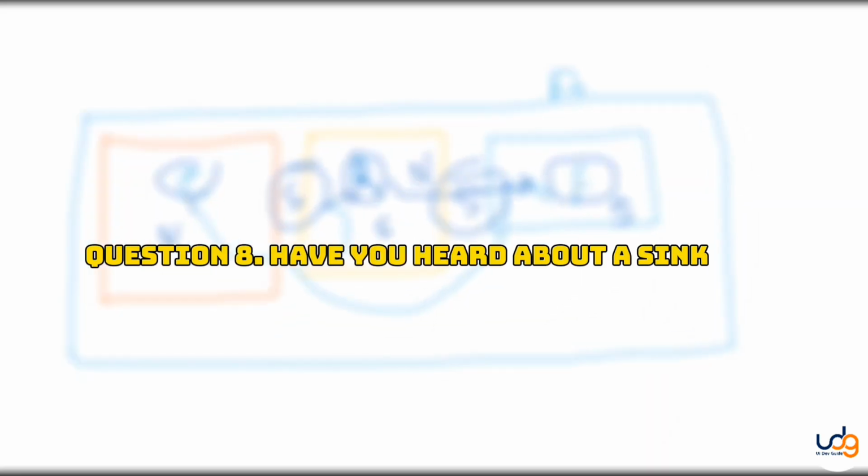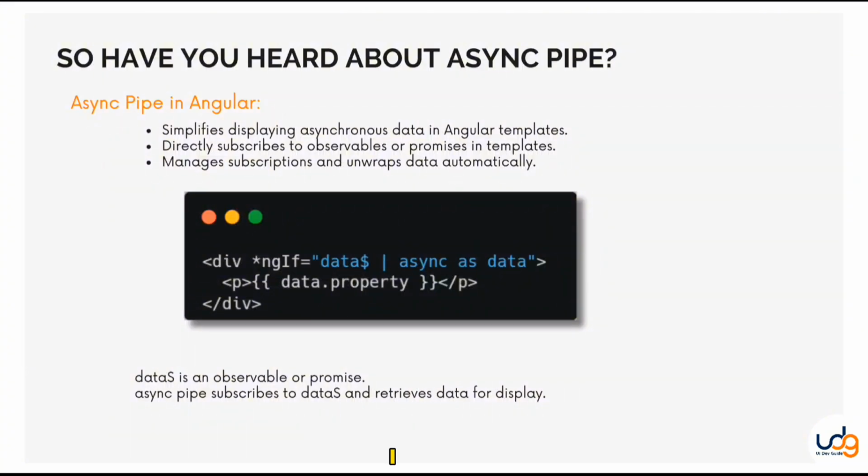Have you heard about async pipe? I never heard about it. Do you mean async and await? No, in Angular. Here we use the observable and the subscriber. The async pipe automatically subscribes to an observable. You don't need to write a subscriber in the component.